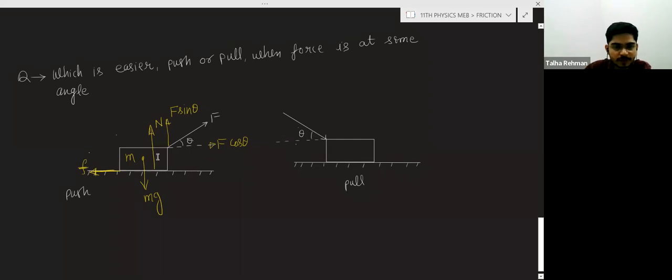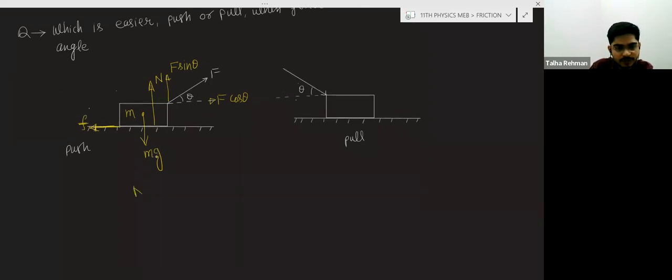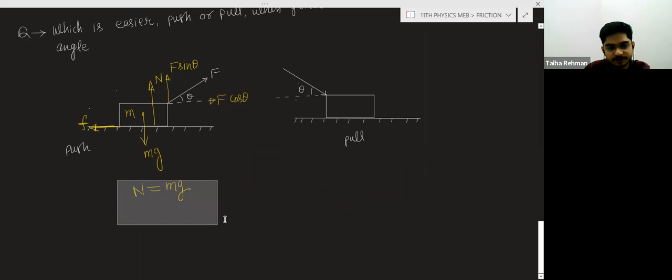Okay, now what will be the normal reaction here? Normal reaction is equal to mg. Oh, sorry, not mg. Basically, there is no motion in the vertical direction, so we will take the equilibrium of the forces.